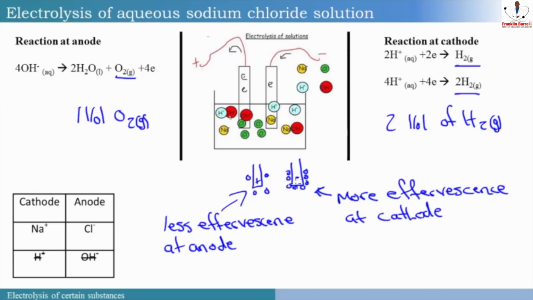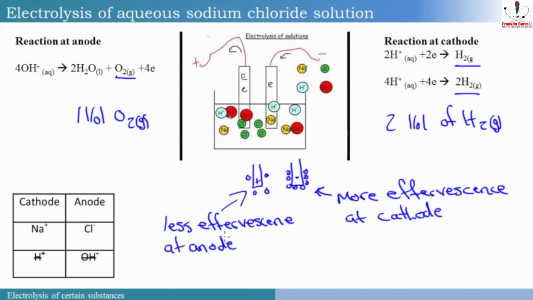In terms of our electrolyte, because we are removing water, our electrolyte will become more concentrated. So when you add water, you become more dilute. When you remove water, you become more concentrated. When you add an acid, you become more acidic. When you remove acid, you become more alkaline or more basic.